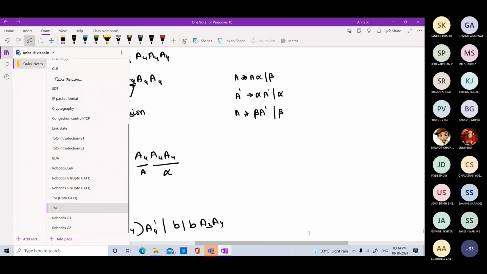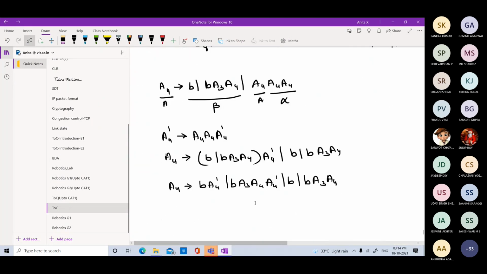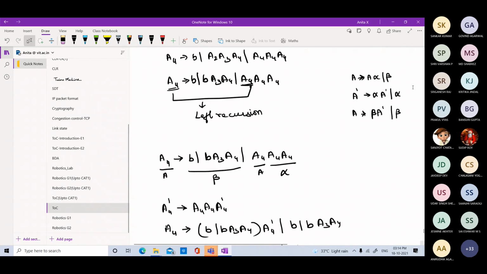Ma'am, I had a doubt. Yes, ma'am. In the first one, A4 dash, like A4, A4, A4 dash, there should be or A4, A4 also, right? Yes.